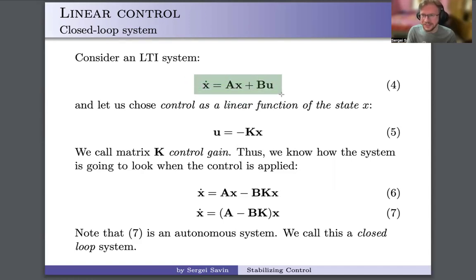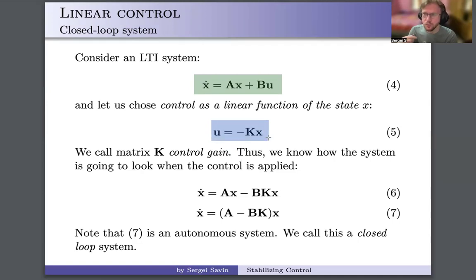So here is the classical state space LTI, right? X dot equals to AX plus BU. That's what we have seen on the first lecture, what we have seen on the second lecture, right? Now, the control itself will also be linear, and it would be U equals to minus KX.